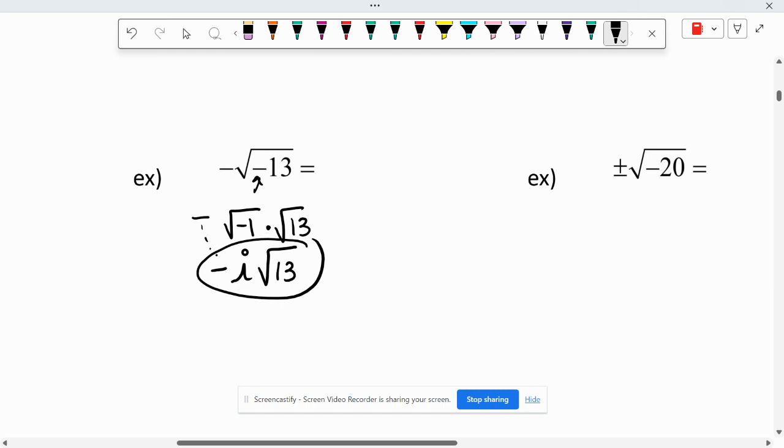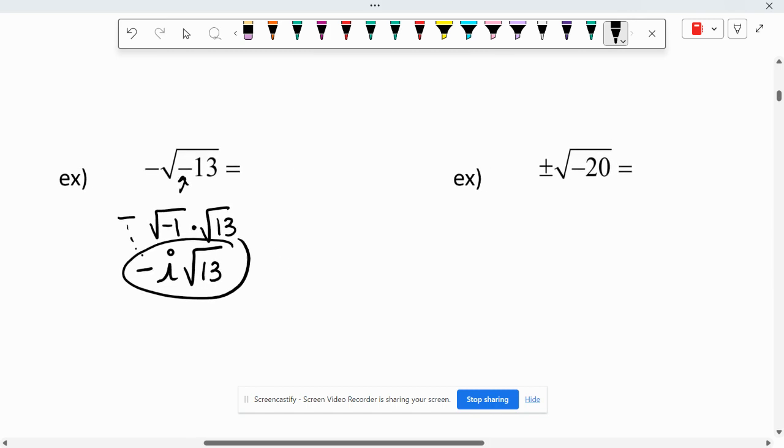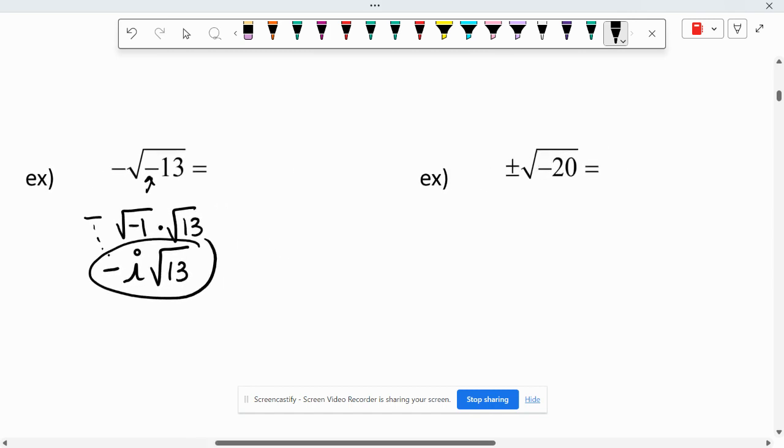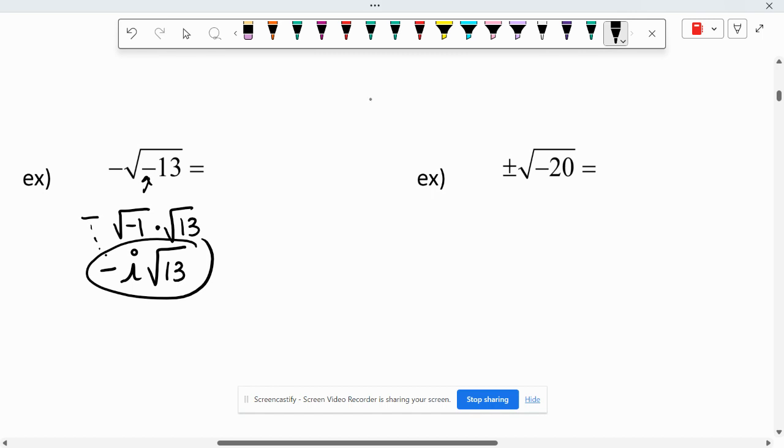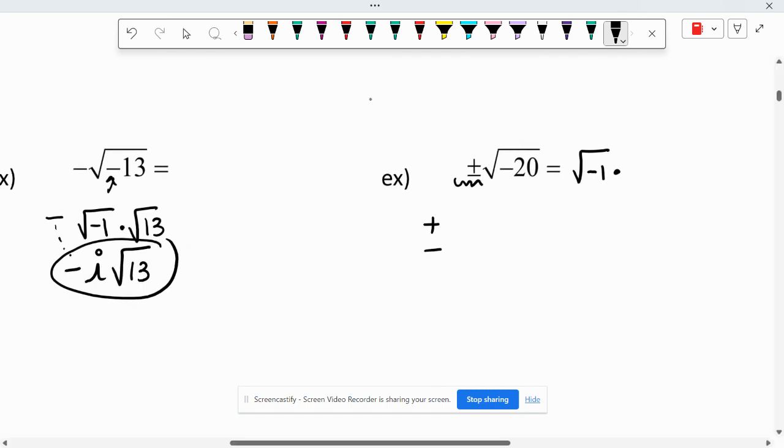Okay. What about this one? What is this telling me out front right here? Yeah, I want a positive and a negative answer. Let's see. Negative 20 is the square root of negative 1 times the square root of 20. How can I break that 20 up with a perfect square? Yeah, 4 and 5.